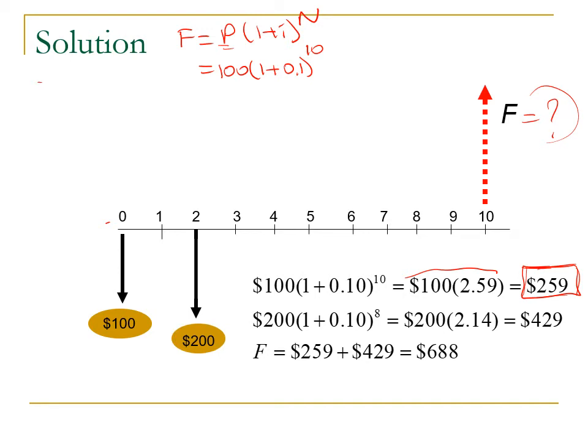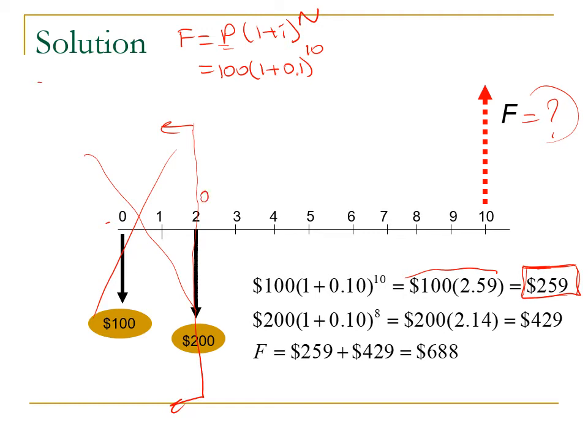Okay, when we are asked about finding the equivalent value of this amount that we deposit at time 2, and when we find its equivalent value at time 10, you just ignore this part, and you can say that, okay, let this be time 0.